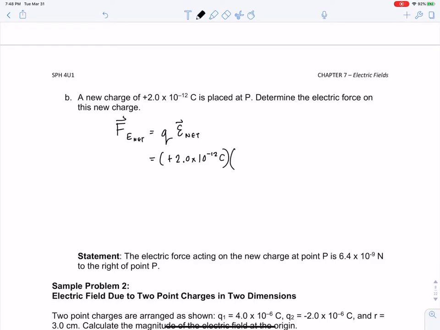And the net electric field that we calculated was 3.2 times 10 to the power of 3 newtons per coulomb right. Punch this into our calculator, we get 6.4 times 10 to the power of negative 9 newtons, again, direction right. Therefore, the electric force acting on the new charge at point P is 6.4 times 10 to the power of negative 9 newtons to the right of point P.